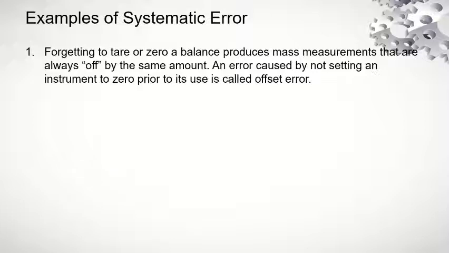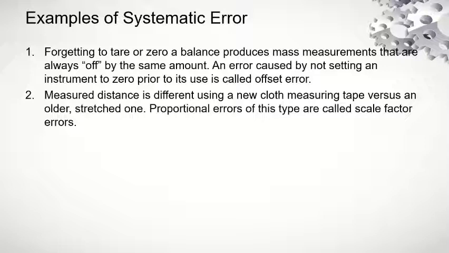If you don't have a balance, there is a possibility that you already know what it is. Next, measured distance is different using a new cloth measuring tape versus an older stretched one. Proportional errors of this type are called scale factor errors. So, aside from examples, we have different errors under systematic error.